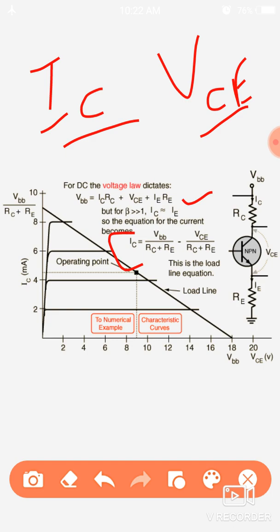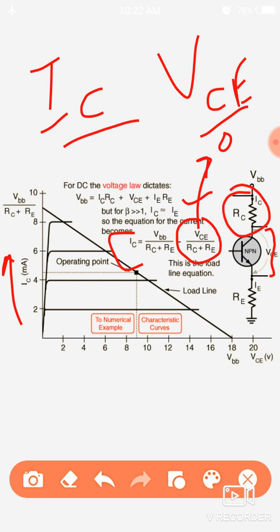We can see that the maximum value of IC occurs whenever the voltage VC tends to 0, meaning there is no voltage dropped here, all the voltage is dropped at this point. So in this case it is VBB upon RC plus RE, the maximum value of collector current.